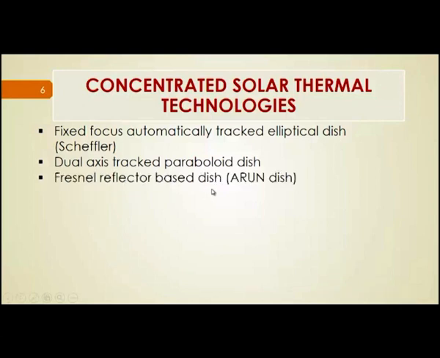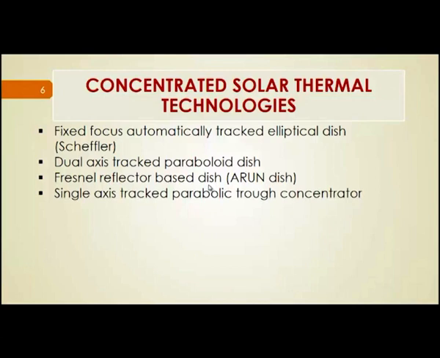Then there is the Fresnel reflector based dish. It is a dish used for baking purposes or milk pasteurization purposes. Instead of dual axis, we can have a single axis tracked parabolic trough concentrator also.